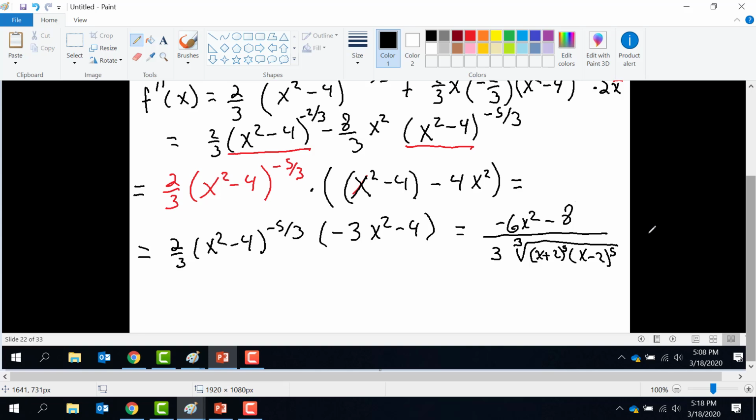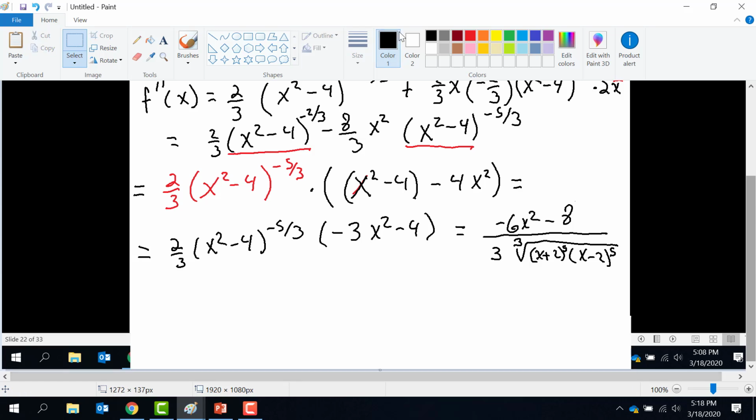So to make the sign chart for the second derivative, we only put on there the numbers that make the denominator 0 or undefined. Notice that x squared is positive, so when you multiply it by negative 6, it's negative, and when you subtract 8, it's still negative.